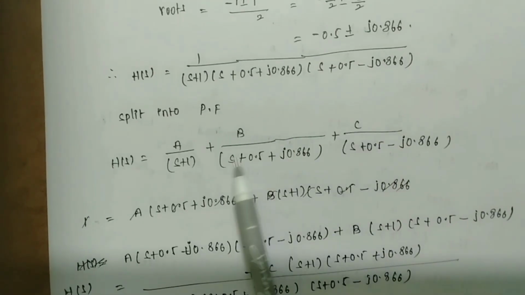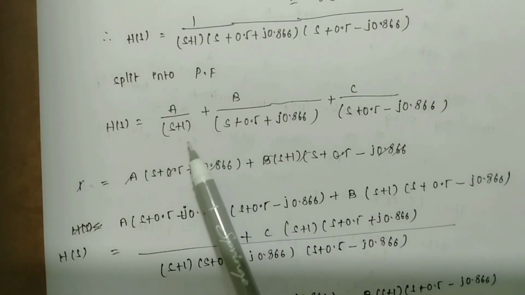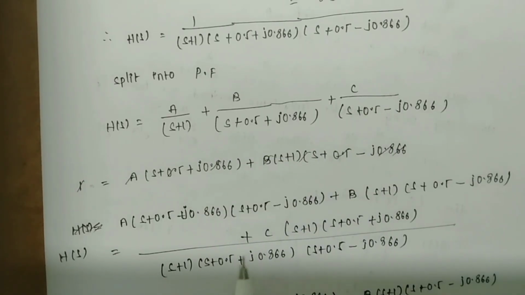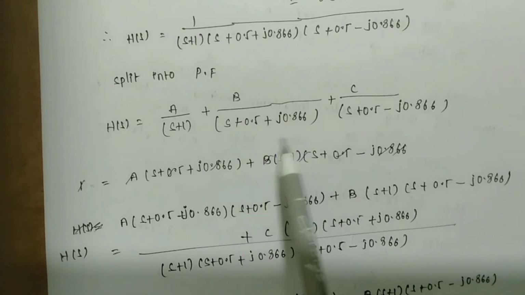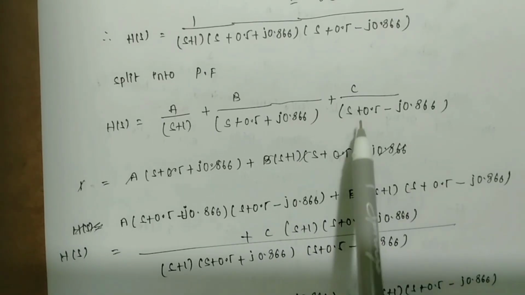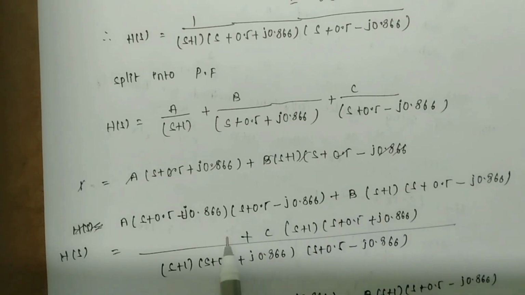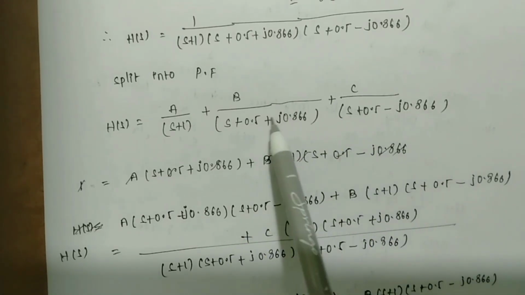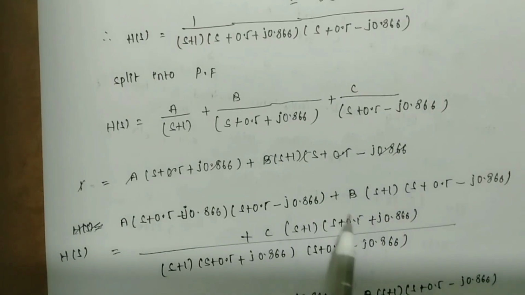Now H(s) is equal to, taking the LCM of these in the denominator, the product (s + 1)(s + 0.5 + j0.866)(s + 0.5 - j0.866). In the numerator, A multiplies these two terms, plus B multiplies (s + 1)(s + 0.5 - j0.866), since B has the other denominator, plus C multiplies (s + 1)(s + 0.5 + j0.866).